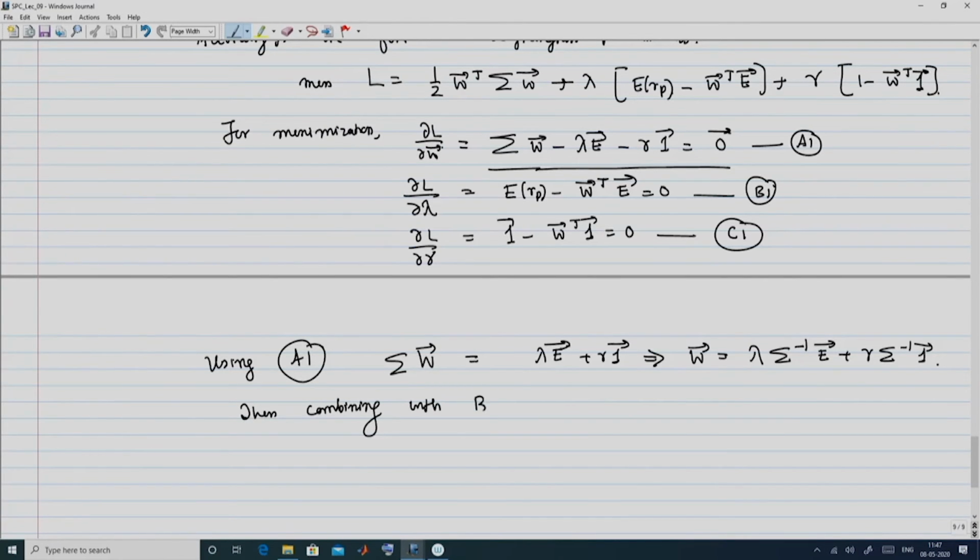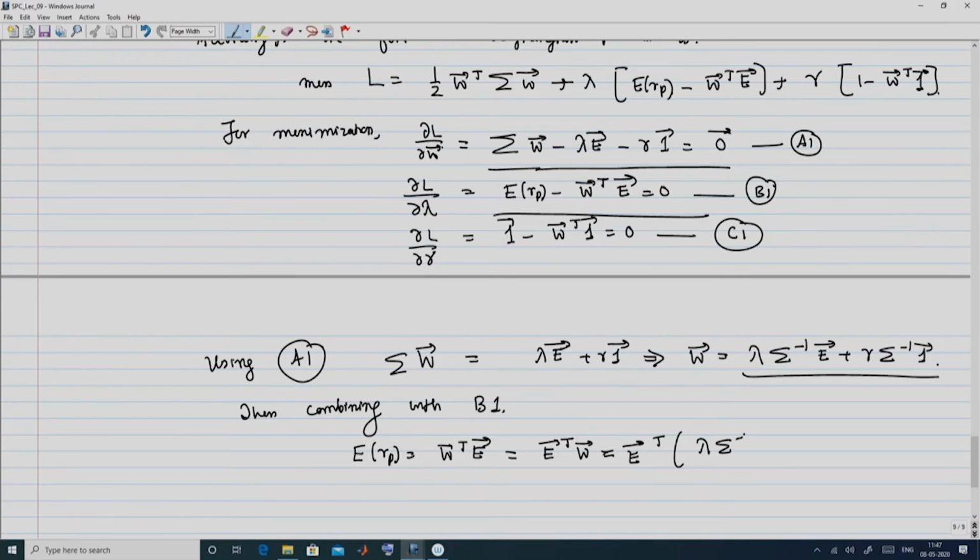combining with B 1, what I am going to do is replace this W in B 1 now. So, I get E of R P is equal to W transpose E, which will be the same as E transpose W, and this is going to be E transpose, I take the W from here.